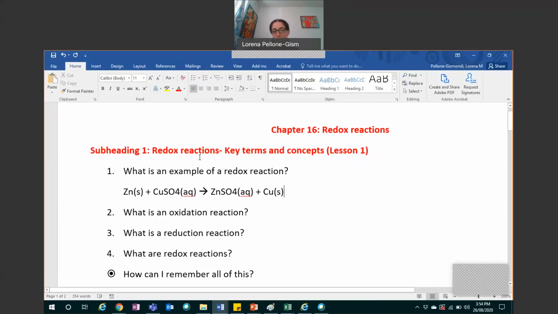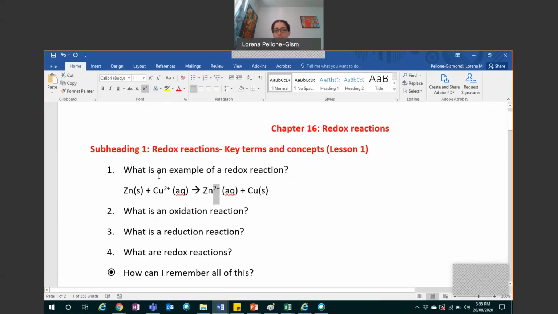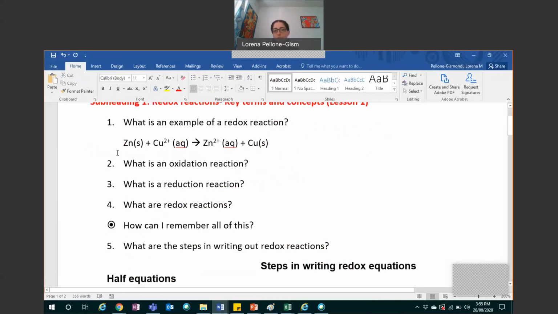And I'm actually going to remove the sulfate because in redox reactions we write ionic equations, which means that the spectators need to be removed. So it makes it a lot easier to analyze. So I'd like you to get this down as an example. And here you can quite clearly see that you have changes in charge.